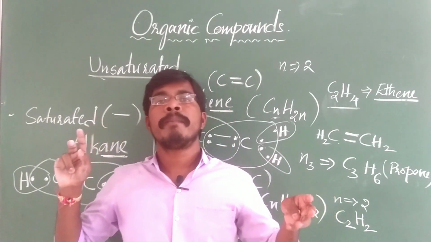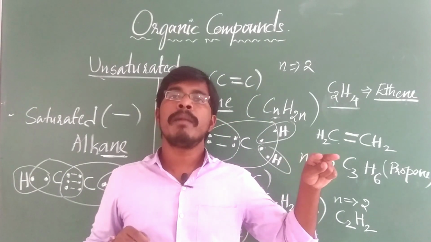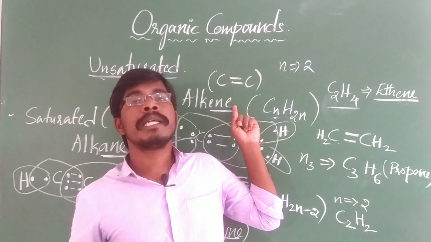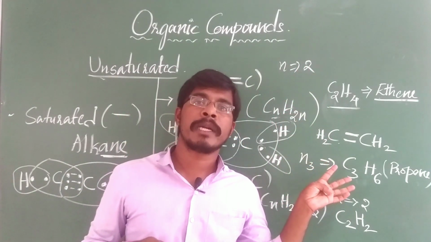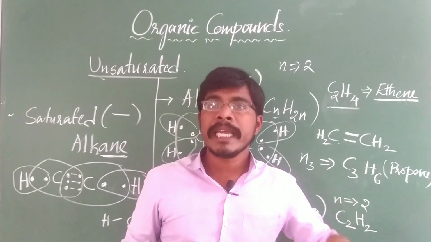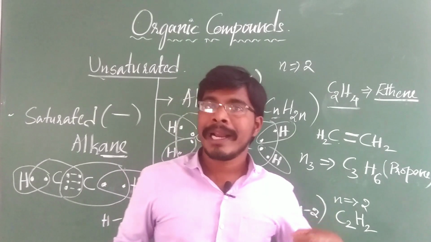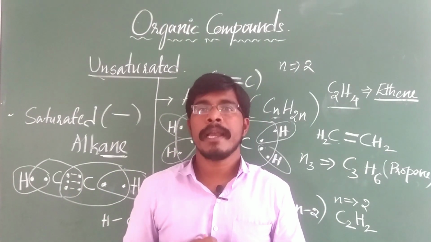If carbon compounds are bonded with double bonds, those are called alkenes. This is a type of unsaturated carbon compound. If it has 3 bonds, triple bonded compounds, those are called alkynes. So this is about the classification of organic compounds.